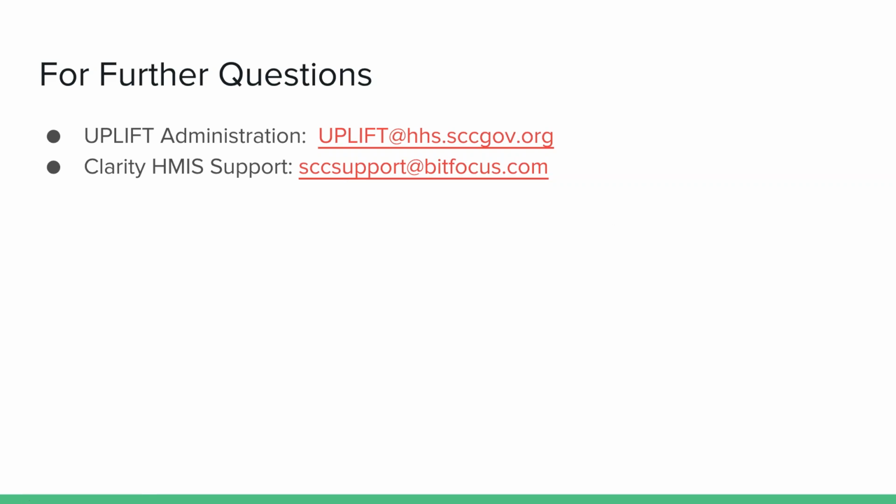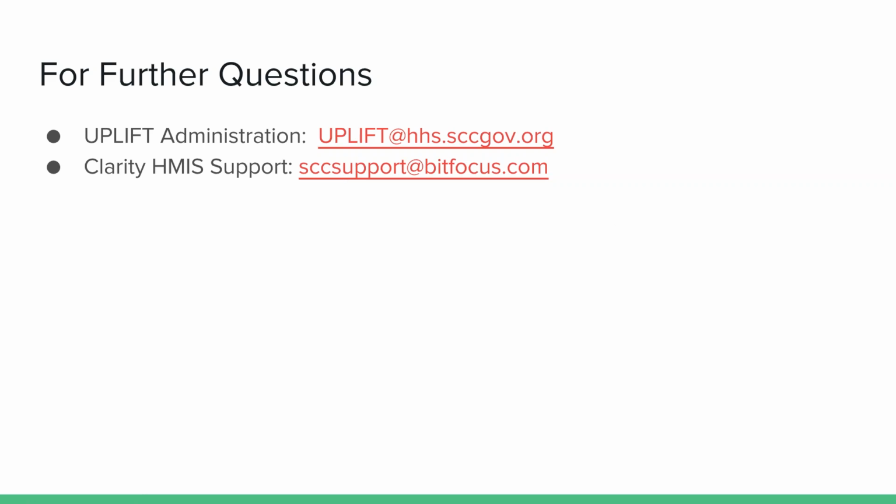Okay, next question. Once we complete this training, how do we get access to UPLIFT on our Clarity HMIS? So since you have logged on to this webinar, we have a record that you've attended this training. And on March 21st, we're going to go ahead and give you access to that. So you don't have to do anything else.